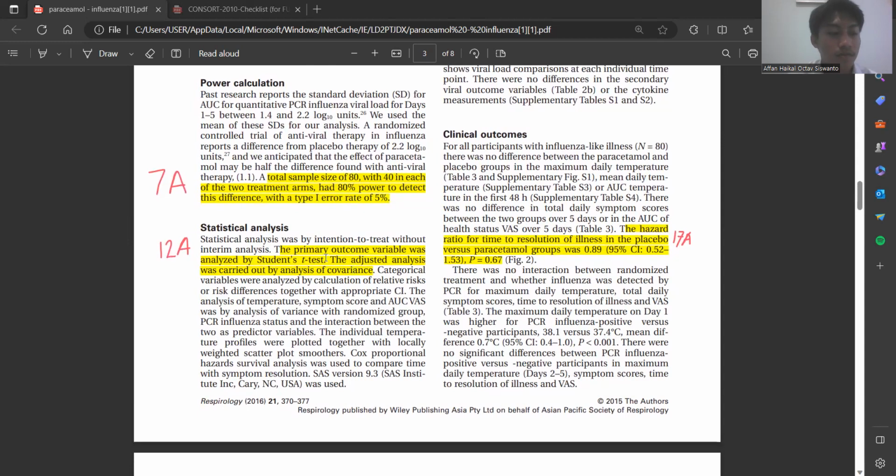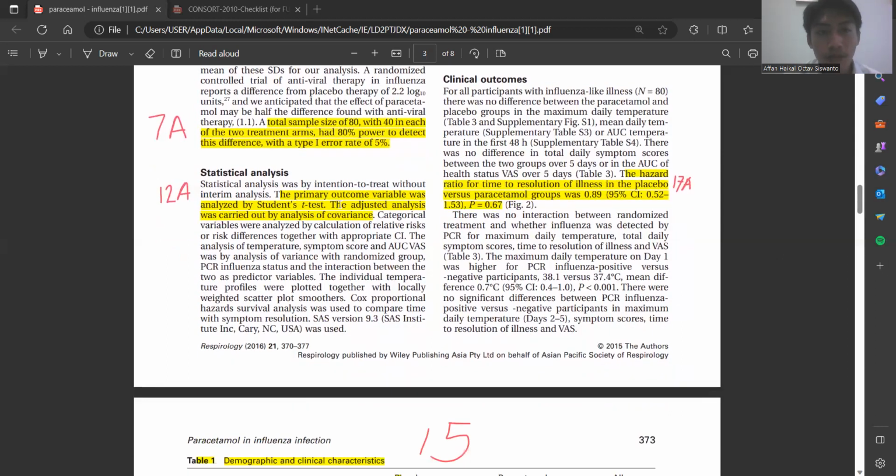That is item 12A: statistical methods used to compare groups for primary and secondary outcomes. So the primary outcome variable was analyzed by Student's t-test. The adjusted analysis was carried out by analysis of covariance.